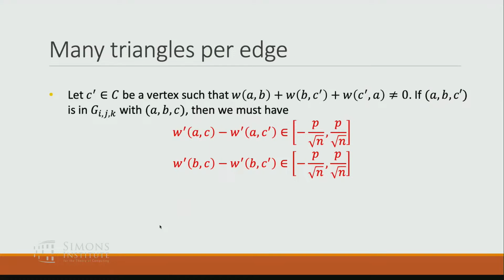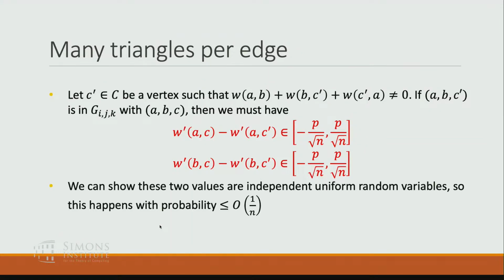And in order for them to be in the same range, their difference must be between negative P over square root n and P over square root n, because this is roughly the size of each range. And the same thing holds for W prime BC minus W prime BC prime. And with some calculation, we can show that these two values are actually independent uniform random variables from F_P. So the probability that both of these containments happen is at most order of 1 over n.